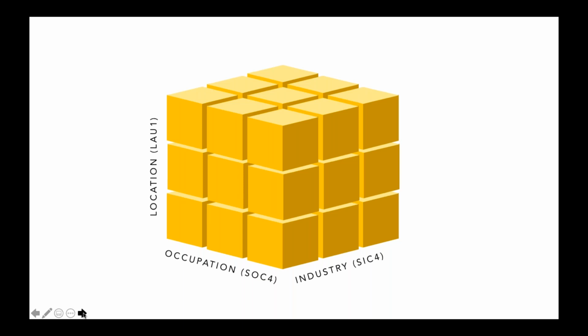And then in terms of location, we go down to a local authority level, or LAU1. And the reason we're looking at this as a cube is it can be sliced and diced in either way. So you can look at it in a very specific way, looking just at occupations by a particular location, or you can combine locations to look at a broader geography, broader range of occupations and industries.